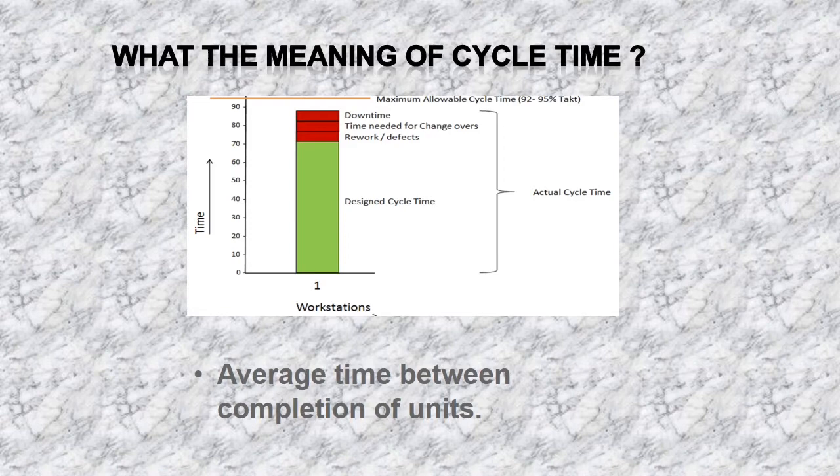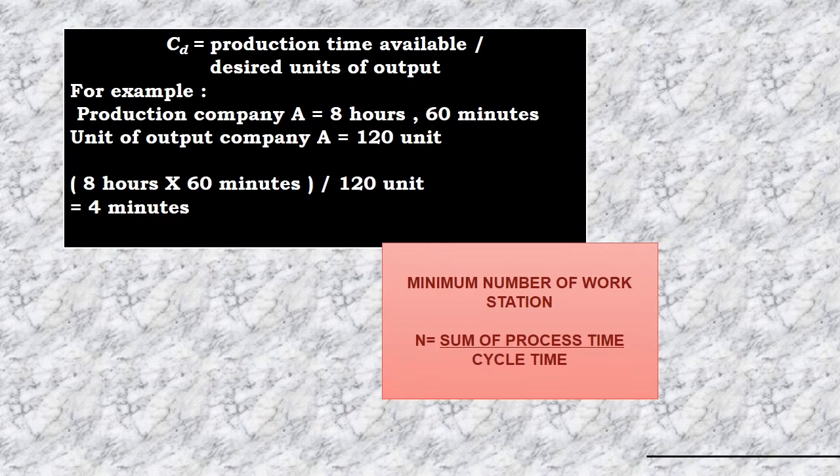Cycle time also includes process time and delay times, that means the time during which a unit of work is spent waiting to take the next action. The formula for cycle time is production time available divided by desired units of output. I give one example.